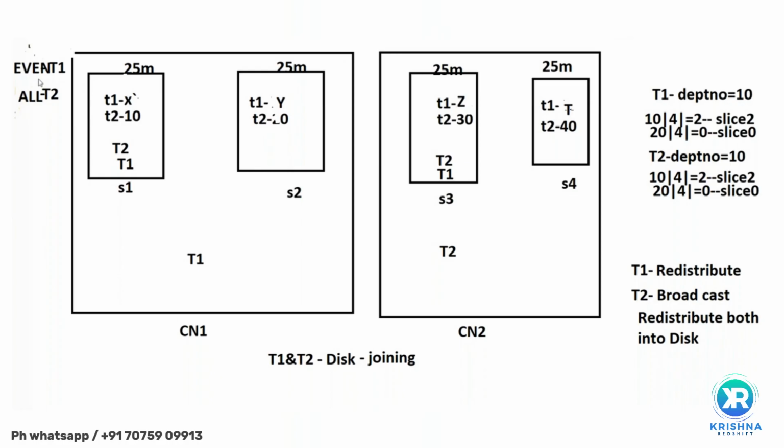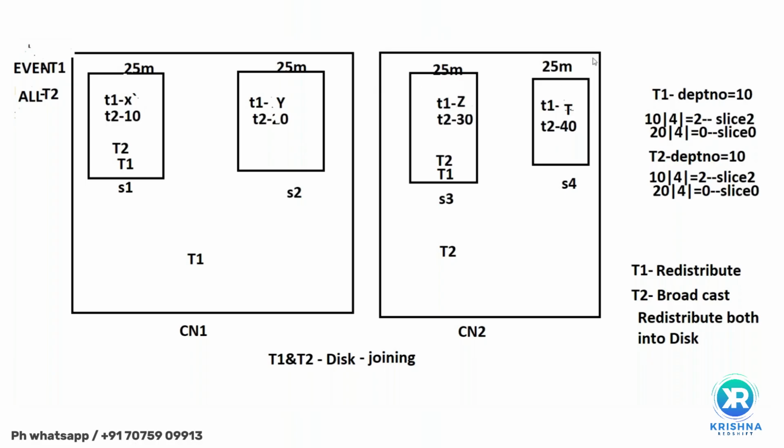But they are not present in the same place. See here. Table 1 is the even distribution, so it just randomly distributes X, Y, Z or A, B, C, D, E, F, or 1, 2, 3, 4, 5, 6, 7, 8.